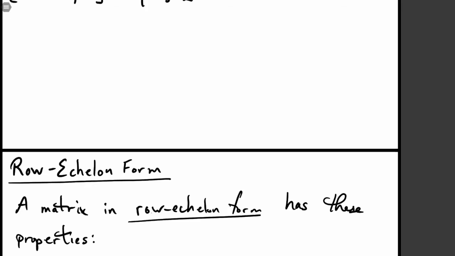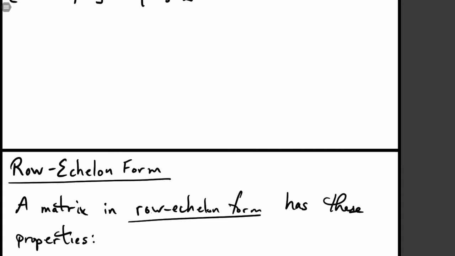Now that we've talked about solving some systems of equations using one of these augmented matrices, let's really try and nail down the form that we're trying to get these things in. Right? So remember, when we're solving systems of equations, I talked about this particular way we want to do it, where we try to get the x first and then get rid of all the x's below it.